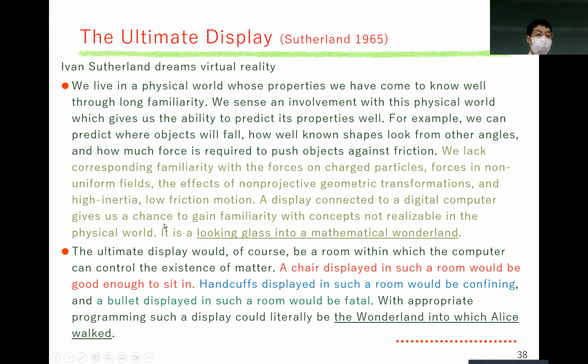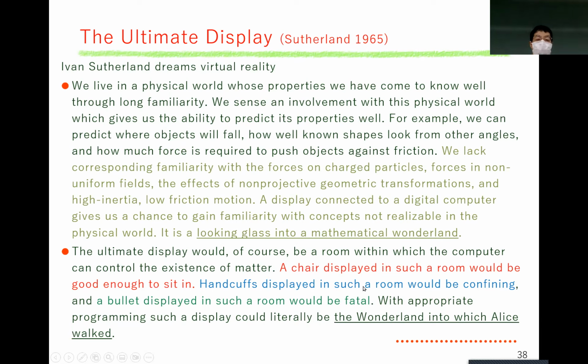So at the beginning, he listed such applications. But after that, he also says: the ultimate display would, of course, be a room within which the computer can control the existence of matter. He says quite a wild thing: a chair displayed in such a room would be good enough to sit on.